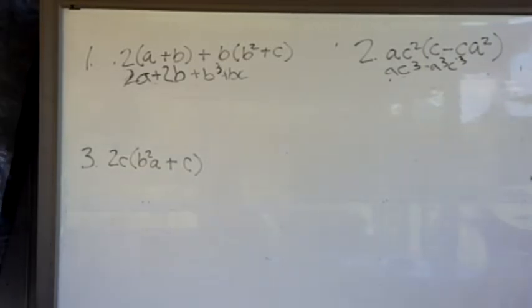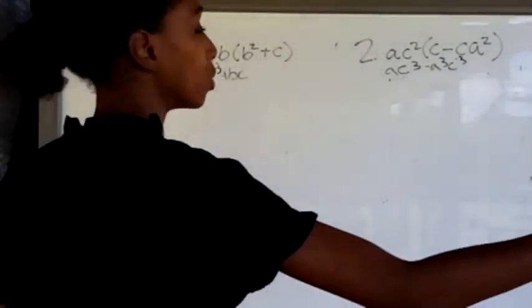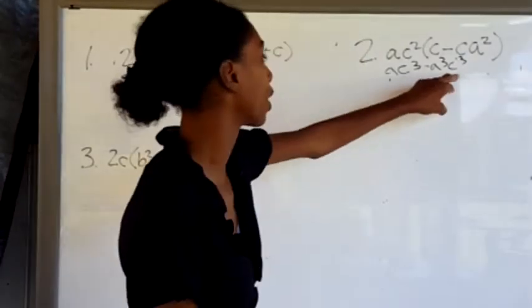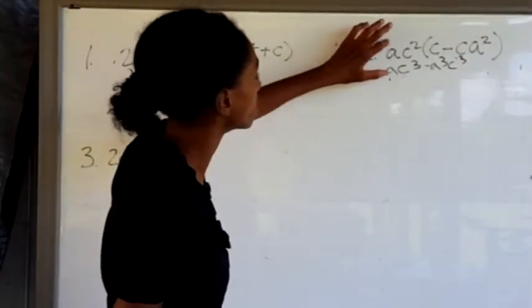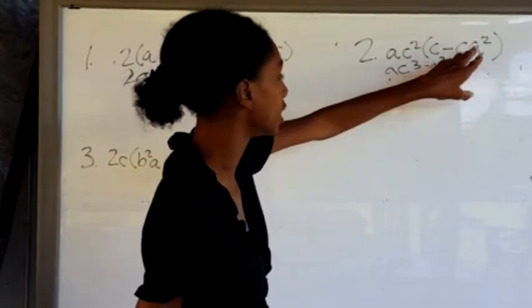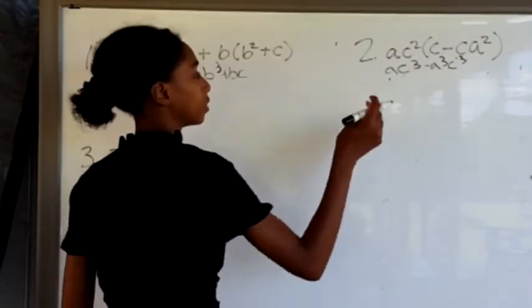And now question 3 says 2C times B squared. Hold on, let's pause. Before Joshua changed that, he wrote it equal A squared plus C cubed, but I told him to check it, and this is how he did. As you can see, this is AC squared, but then this is CA. But don't let that confuse you.